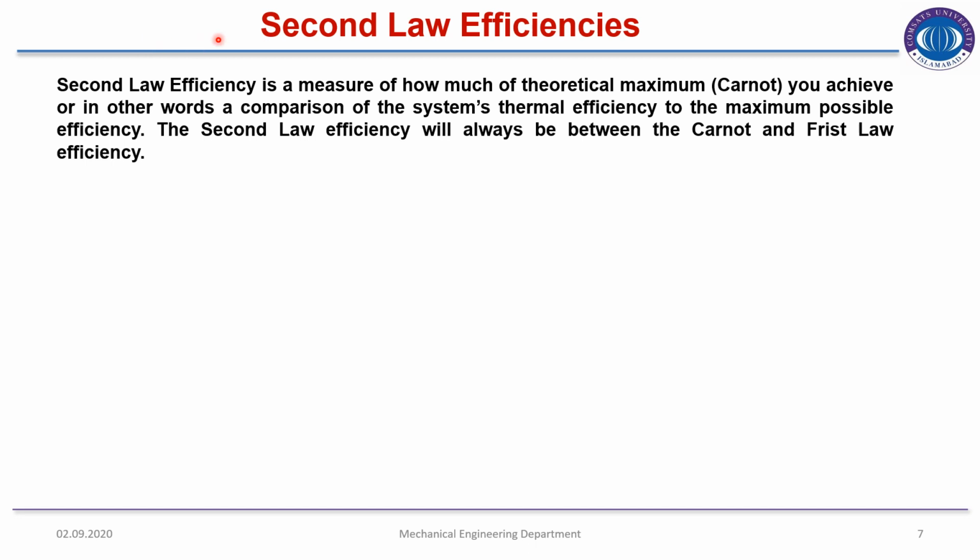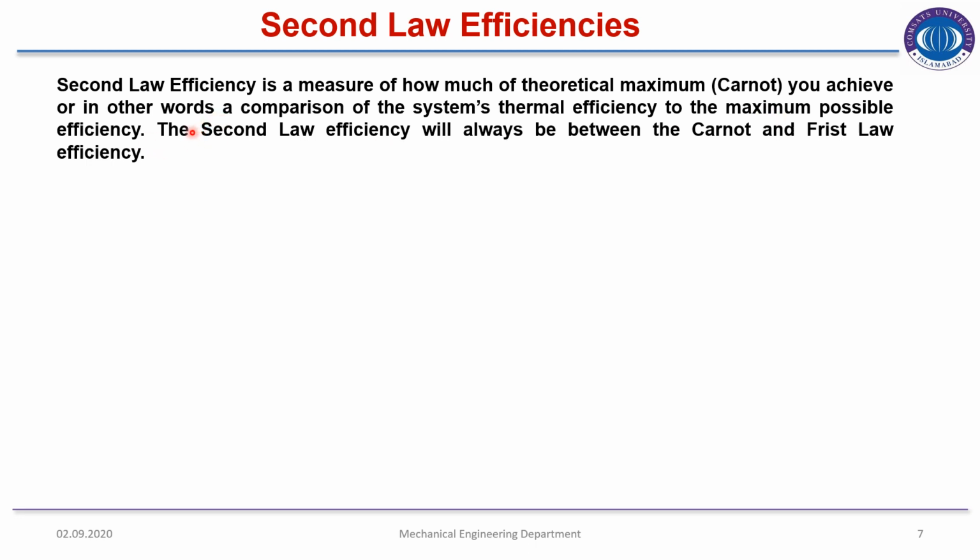We will discuss what is meant by second law efficiency and why it is necessary to find second law efficiency. Second law efficiency is a measure of how much of the theoretical maximum Carnot efficiency you can achieve, or in other words a comparison of the system thermal efficiency to the maximum possible efficiency.